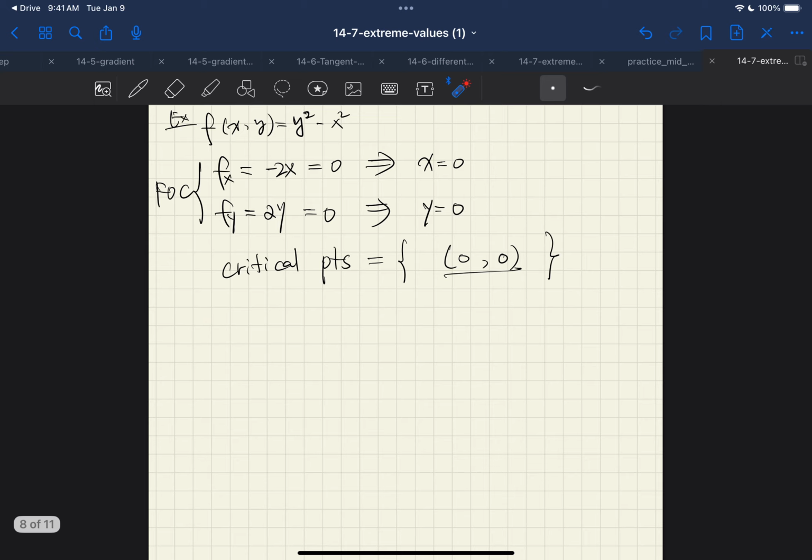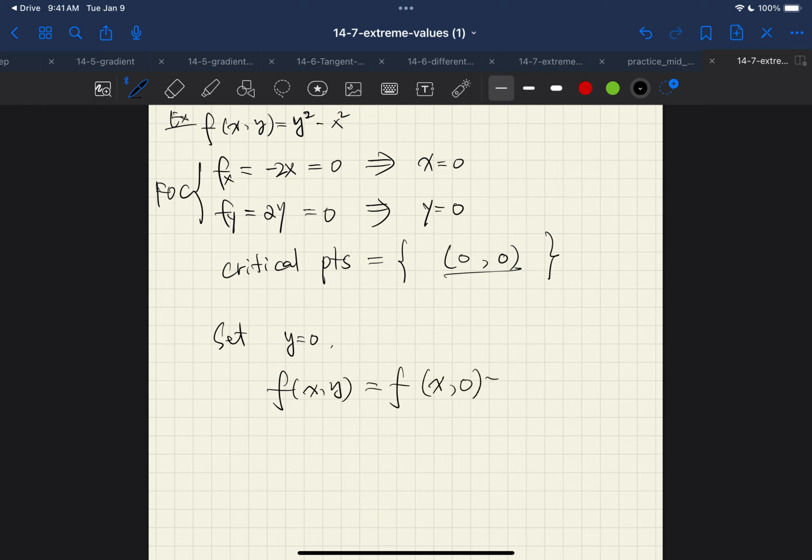We set y equals 0, and then f(x,y) is f(x,0), which is negative x squared. So (0, 0) is a maximum along the x-axis.